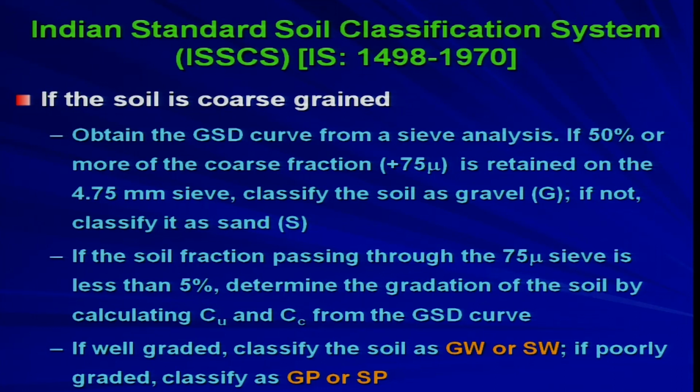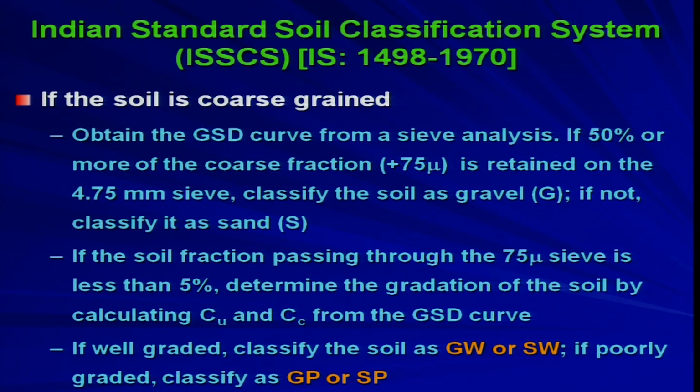We have already seen this in the last lecture, but we continue for continuity. Obtain the GSD curve from a sieve analysis. If 50% or more of the coarse fraction, that is greater than 75 micron, is retained on the 4.75 millimeter sieve, classify the soil as gravel, if not classify it as sand, as we decided last time.